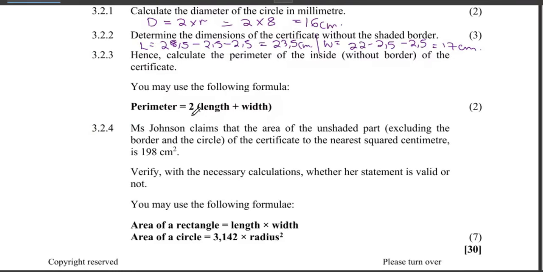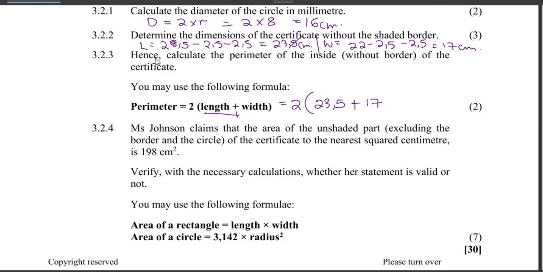So we are continuing. What do they say? Hence, calculate the perimeter of the inside without the border. So you've got the measurements on top here. So just come and substitute. Please, whenever you're given a formula, fight hard to see that you substitute correctly. So the formula here says 2 times, what is the length? We've just got it as 23.5, plus, what's our width now?